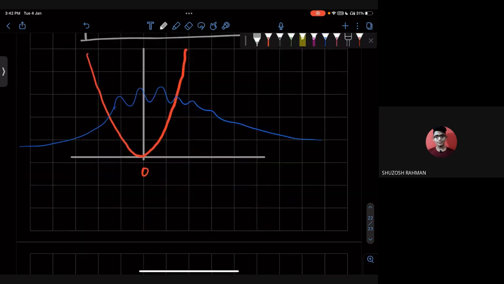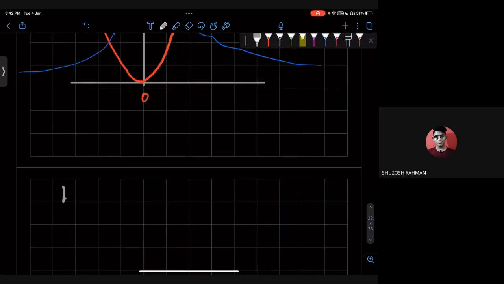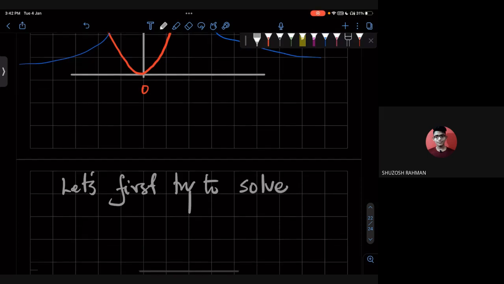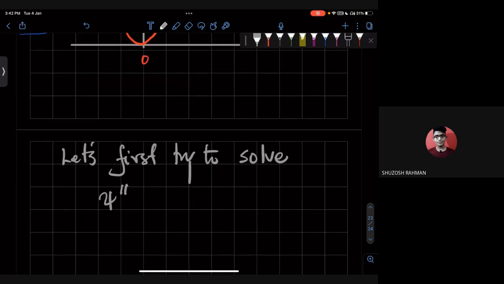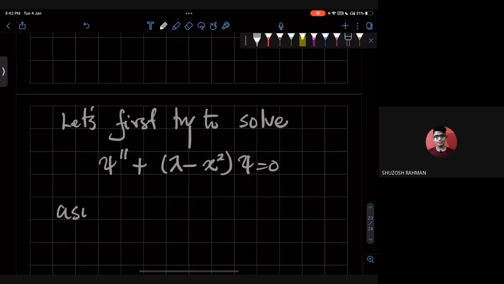So asymptotically, let's first try to solve the differential equation psi double prime plus (lambda minus x squared) psi asymptotically.